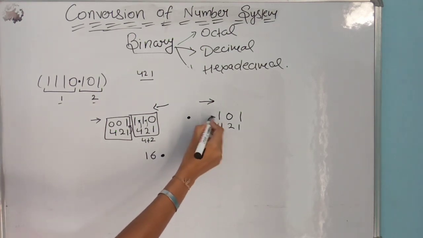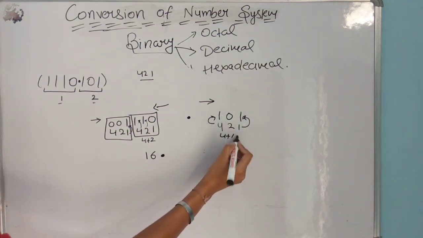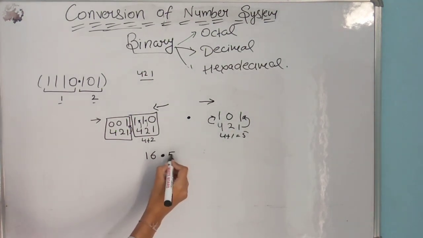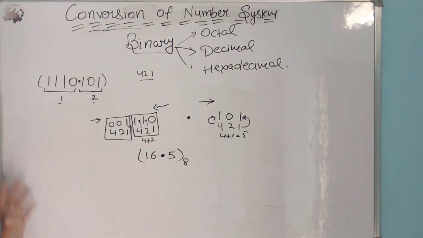On bits are at the position of 4 and at the position of 1. So 4 plus 1 means 5. So now we write 5 here, and this is the octal number. So now this is all about how we can change a binary number into octal form. We discussed two methods, with decimal point and without decimal point.